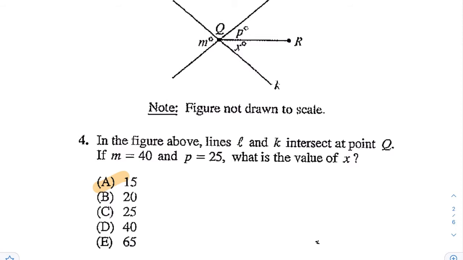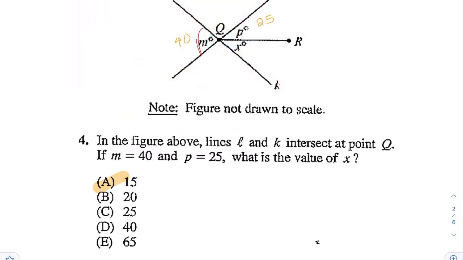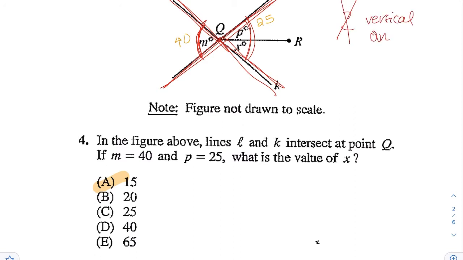All right, next for question number 4, in the figure above, lines L and K intersect at point Q. If M is equal to 40, let's label that, and P is equal to 25, what's the value of X? So here we have what are called vertical angles, and vertical angles have this X formation here. You see with line L and line K. These are vertical angles, or they're also known as opposite angles, and they are congruent.